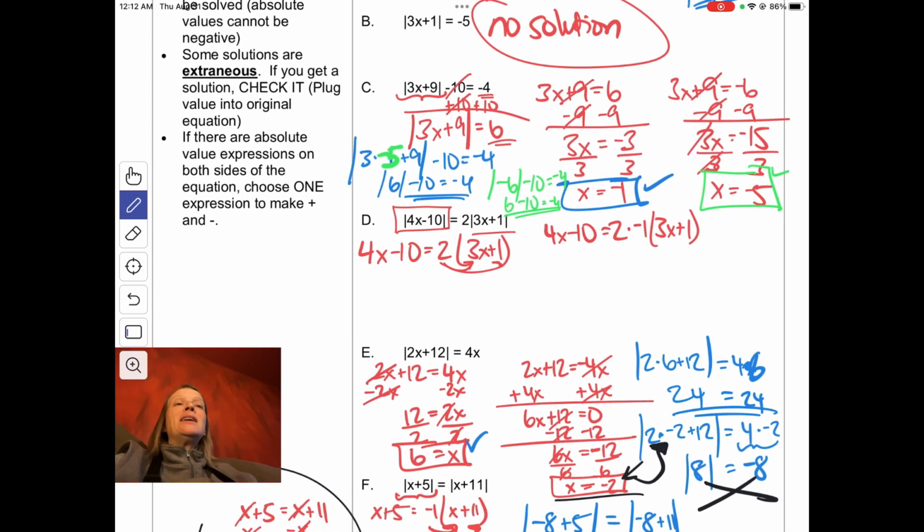Question B, an absolute value being equal to a negative number is just not possible, so that is one situation where you would find no solution. Question C only had x appear one time and both of our solutions were valid. Question D, this is where we're starting to have x appear twice in the equation, although for that particular example, both answers were valid.